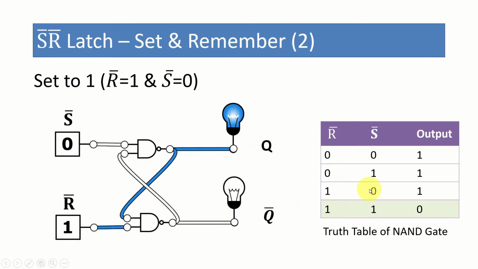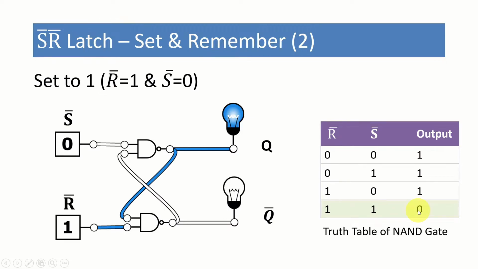If you analyze the truth table of the NAND gate, you can see that if at least one of the inputs is 0, the output is guaranteed to be 1. Whereas if both inputs are 1, only then is the output 0.